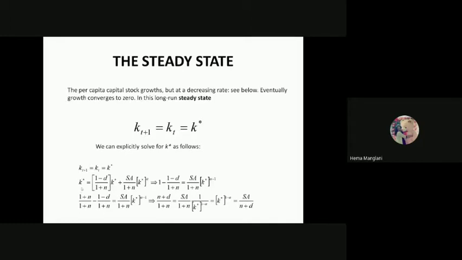I would write here this K star, which equals the whole equation as we have seen in the previous slide: (1 minus d) by (1 plus n) times K star, because your capital accumulation itself depends upon your growth of capital, and the growth of capital you are considering is the steady state growth of capital. That is why it is K star.